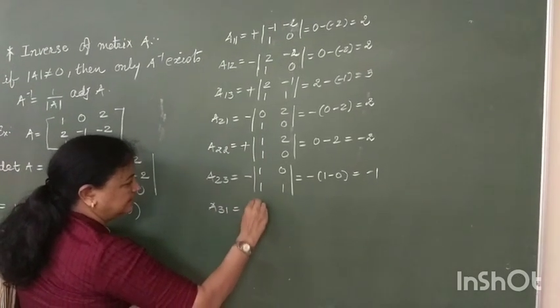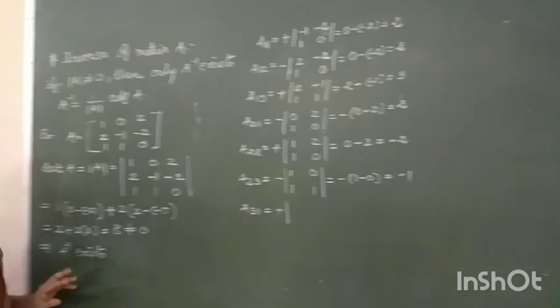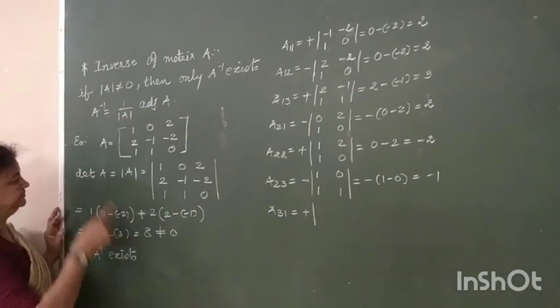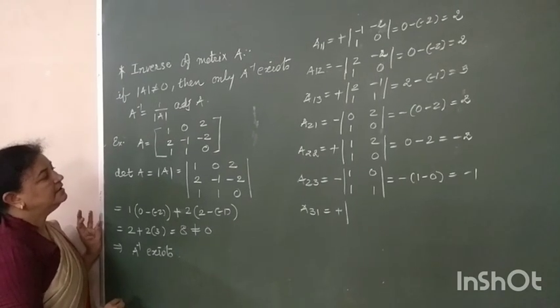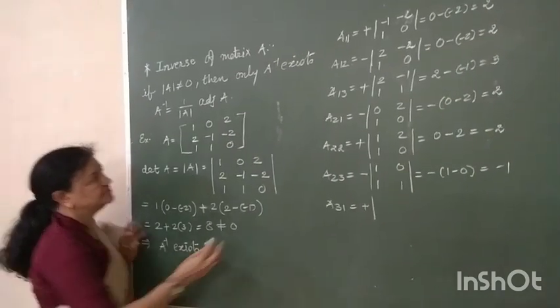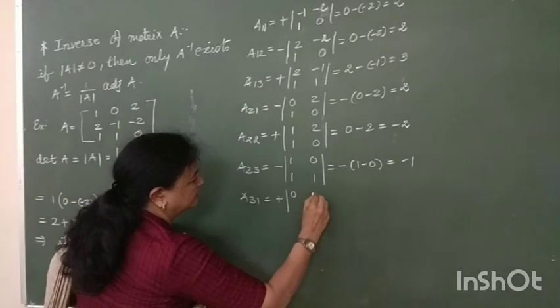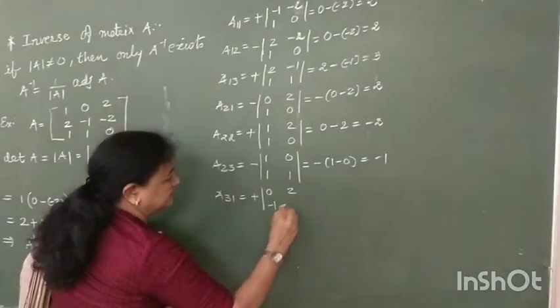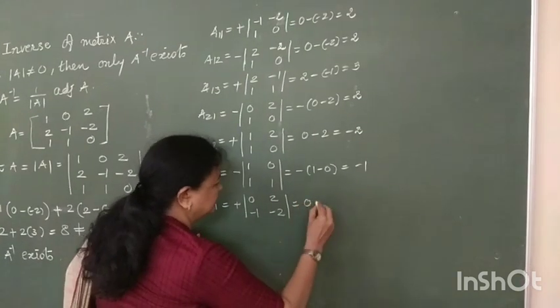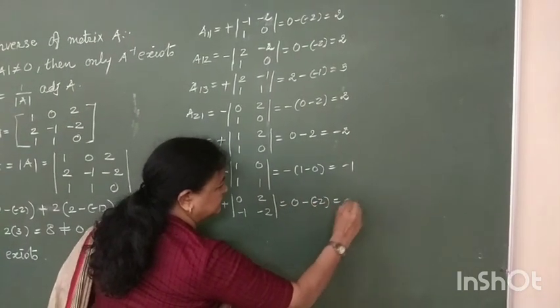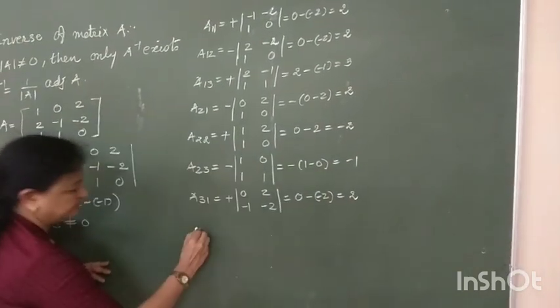A31, final sign is positive, we just remove the third row and first column, so 0 2, minus 1 minus 2, so it is 0 minus minus 2, so plus 2.